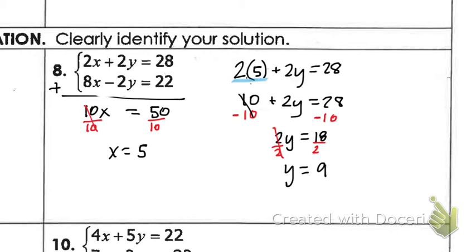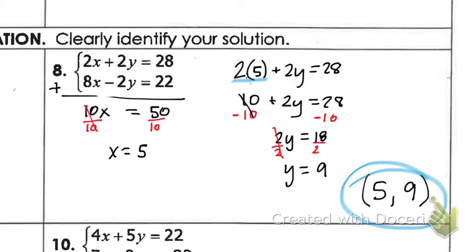Okay. So as an ordered pair, our answer is 5, 9. Anybody get something different or have a question? Okay. Then let's look at number 10.